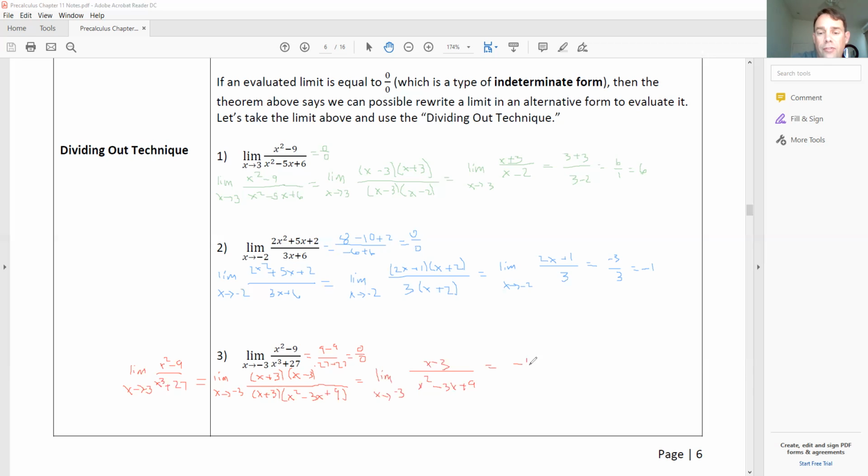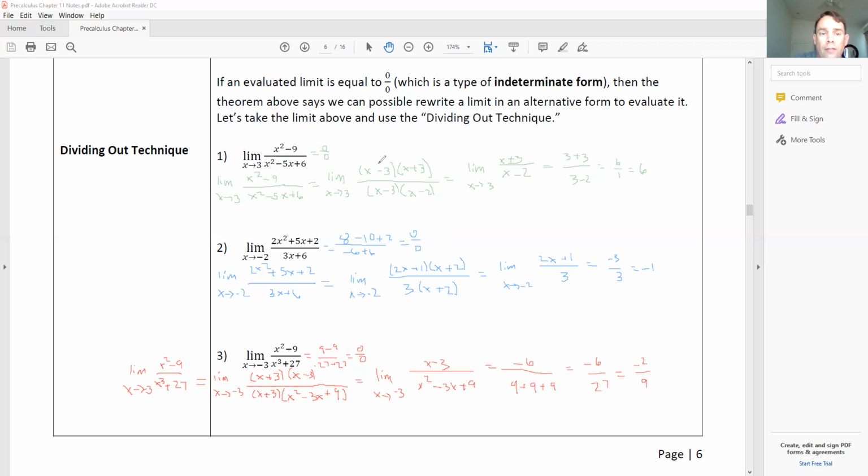So negative 6 all over 9 plus 9 plus 9. So negative 6 over 27, which would be negative 2 over 9. All right, and that's called the dividing out technique or factoring out.